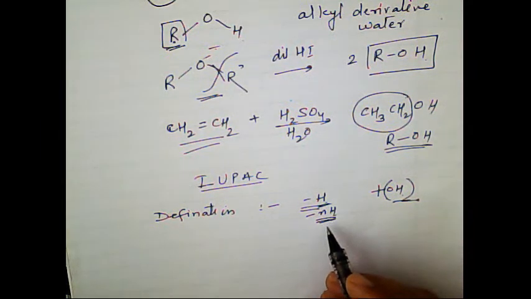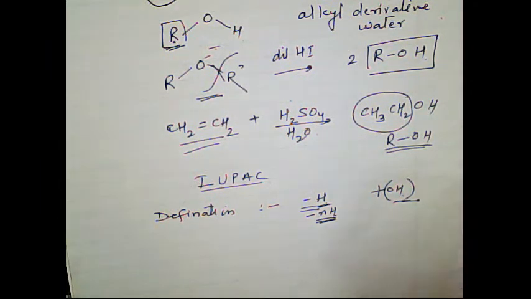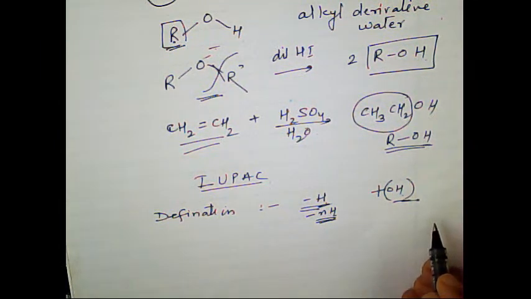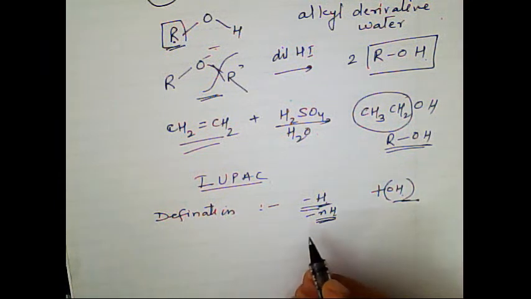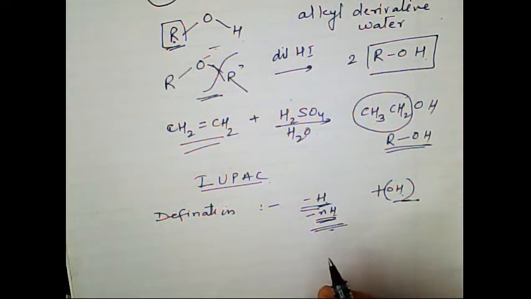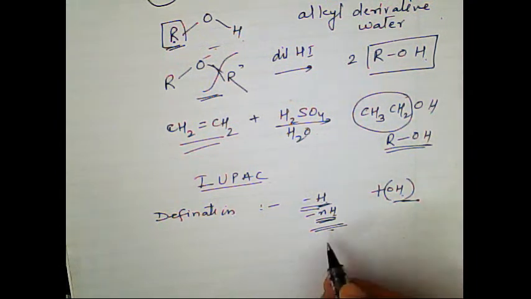If two hydrogens are replaced, then you have to attach two OH groups. When you replace three hydrogens, you attach three OH groups. Those compounds will be called alcohols. So alcohols are the hydroxy derivatives of alkanes. So it is now explained in terms of hydrocarbon, as per IUPAC.